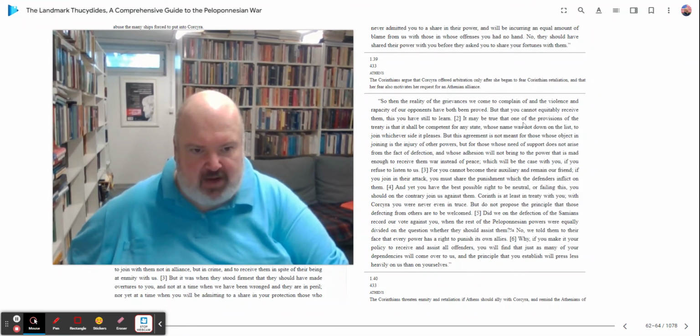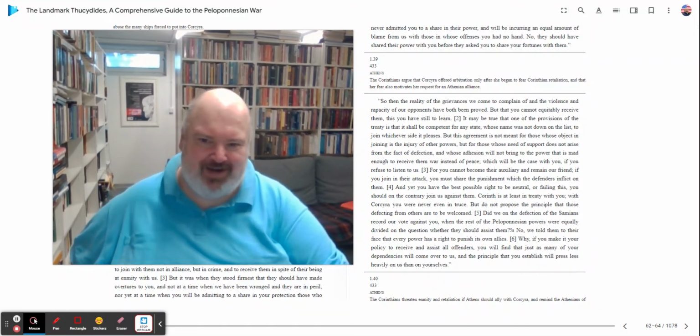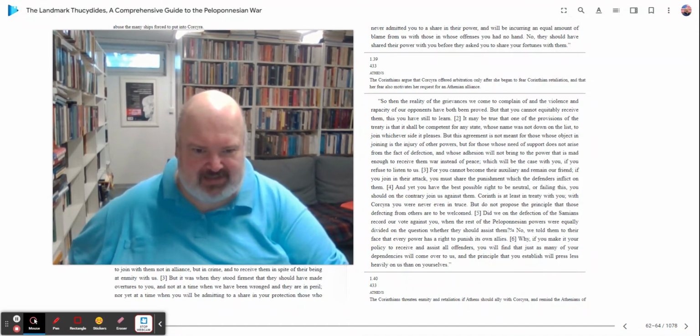It may be true that one of the provisions of the treaty is that it shall be competent for any city whose name is not on the list to join whichever side it pleases. But this agreement is not meant for those whose object in joining is to injure other powers.